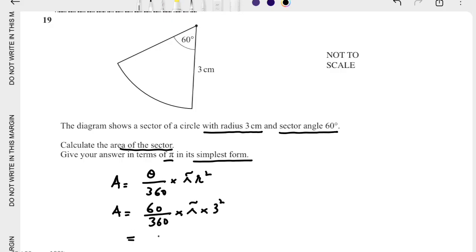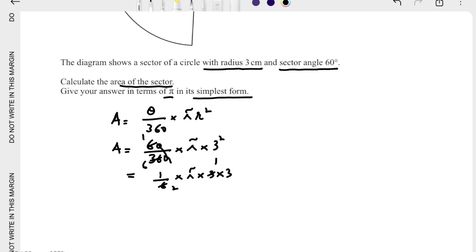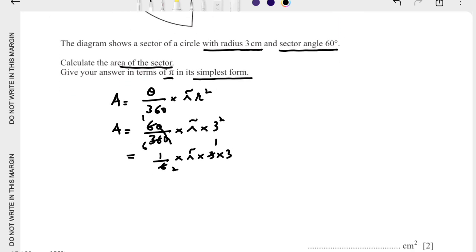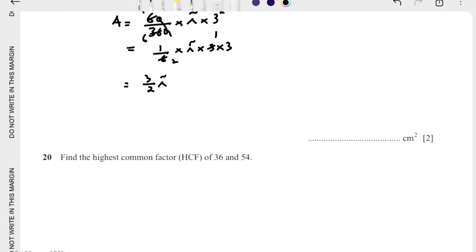So we'll further simplify it. 0 will cancel 0, 6 ones are 6, so 1 upon 6 times pi times 3 times 3, so 3 ones are 3, 3 twos are 6. So the final answer would be 3 over 2 pi, or 1.5 pi.